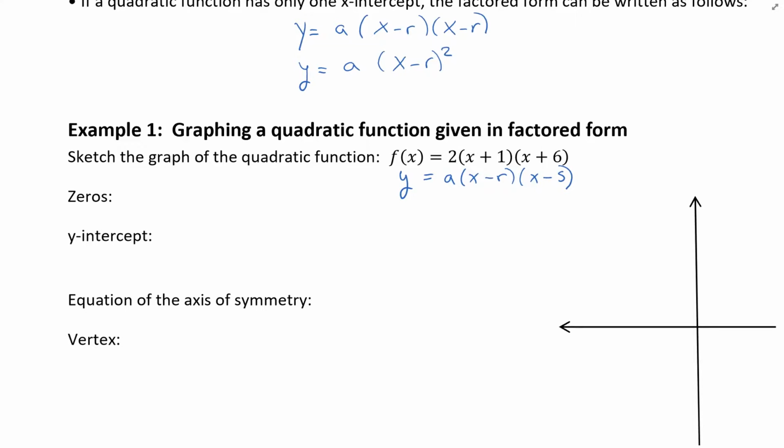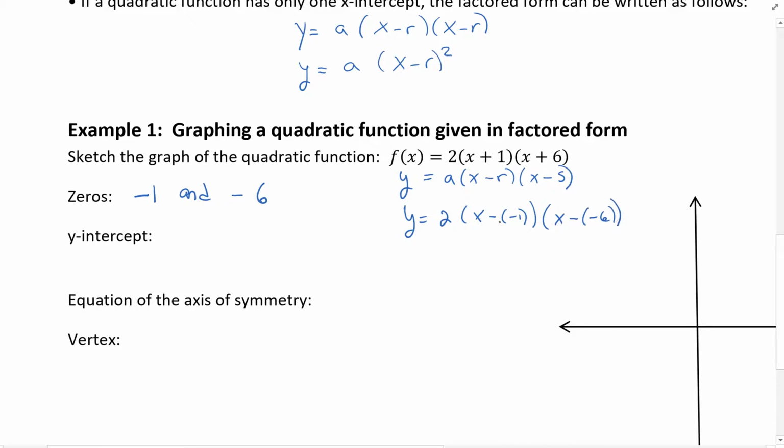So what are my zeros? Well, my zeros are my r and s. So what is r equal to? r is equal to -1, and s is equal to -6. Now you might say, well, no, it's +1 and +6. But because the formula is actually (x - r)(x - s), essentially what's going on in our question is it's (x - (-1)) and (x - (-6)).